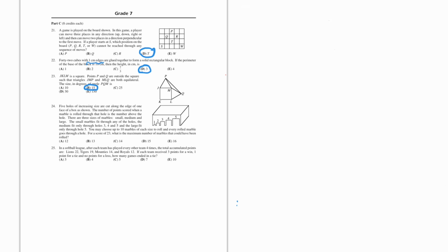Number 24. 5 holes of increasing size are cut along the edge of one face of a box as shown. The number of points scored when a marble is rolled through that hole is the number above the hole.